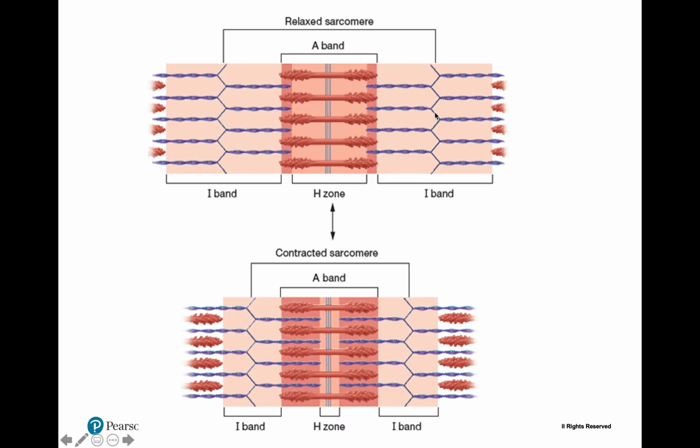And then this is showing you up here. So you should be able to recognize whether a sarcomere is relaxed or contracted. What's the main thing to look for is the H zone. If it's pretty much gone, if there's little to no H zone, well, then this is a contracted sarcomere. If the I bands have shortened, this is contraction, this is relaxation, okay?